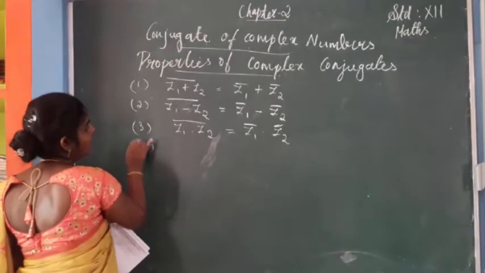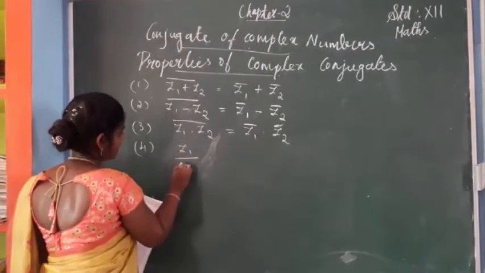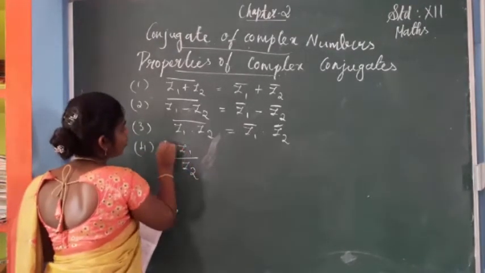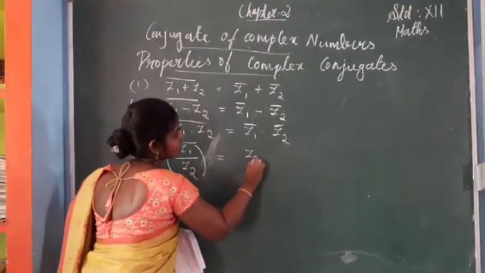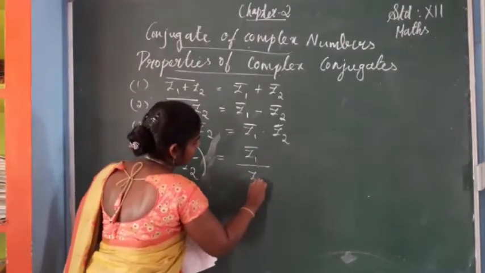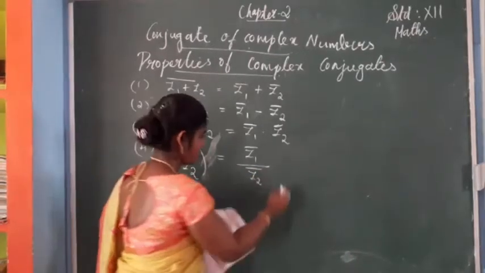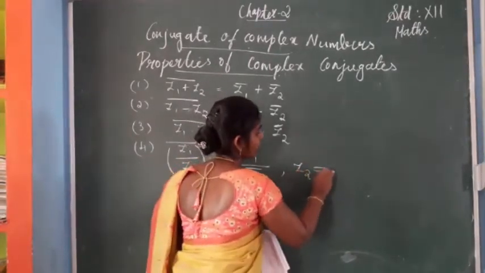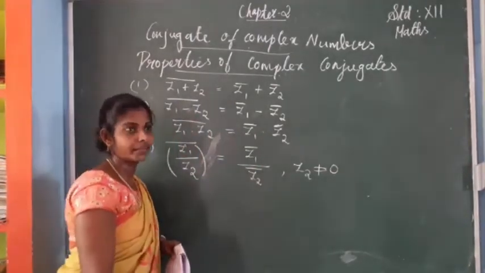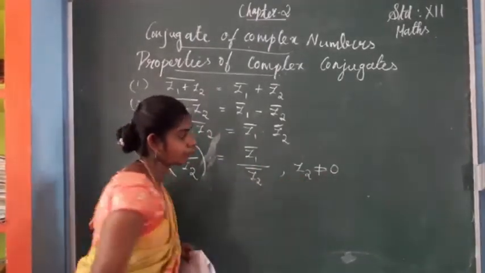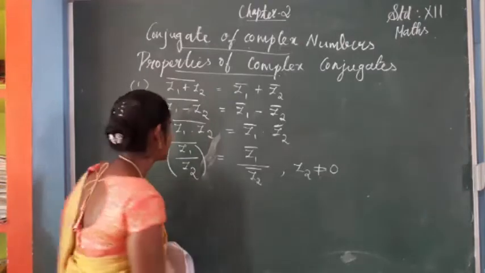The fourth one, Z1 divided by Z2 the whole bar is equal to Z1 bar divided by Z2 bar, when Z2 is not equal to 0. If the denominator value is 0, it's not defined.